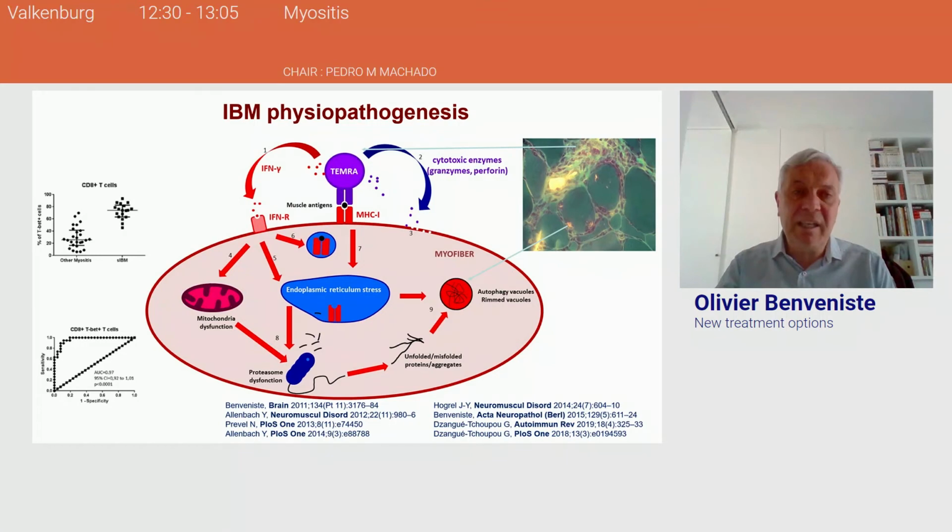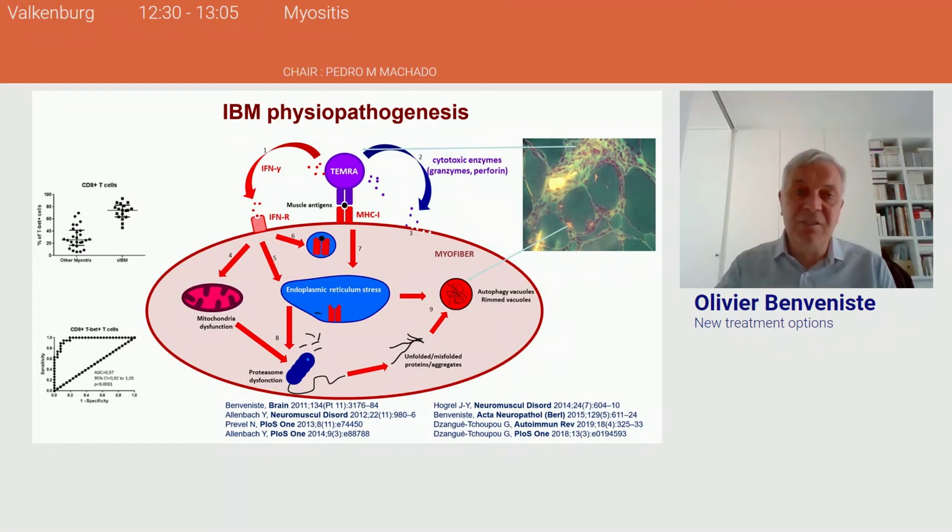And if you can characterize these cells, with different markers, it might also be a good diagnostic test to distinguish inclusion body myositis from the other myositis, and particularly what we previously called polymyositis.